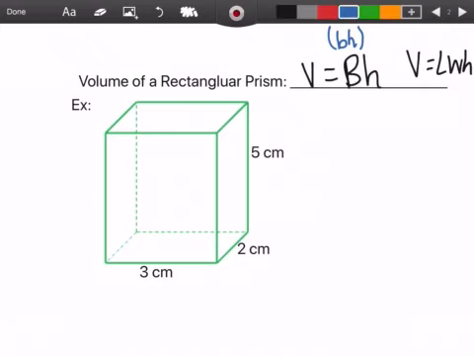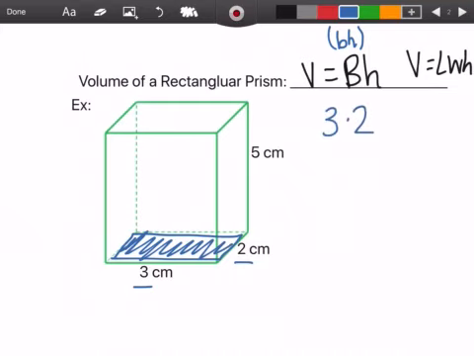So, to solve this, we need to know the area of the base. That's going to be our base times height of the rectangle, this rectangle down here, the base of the prism. All right, so that's going to be 3 times 2, and then times the height of the prism, which is how tall it is, 5 centimeters.